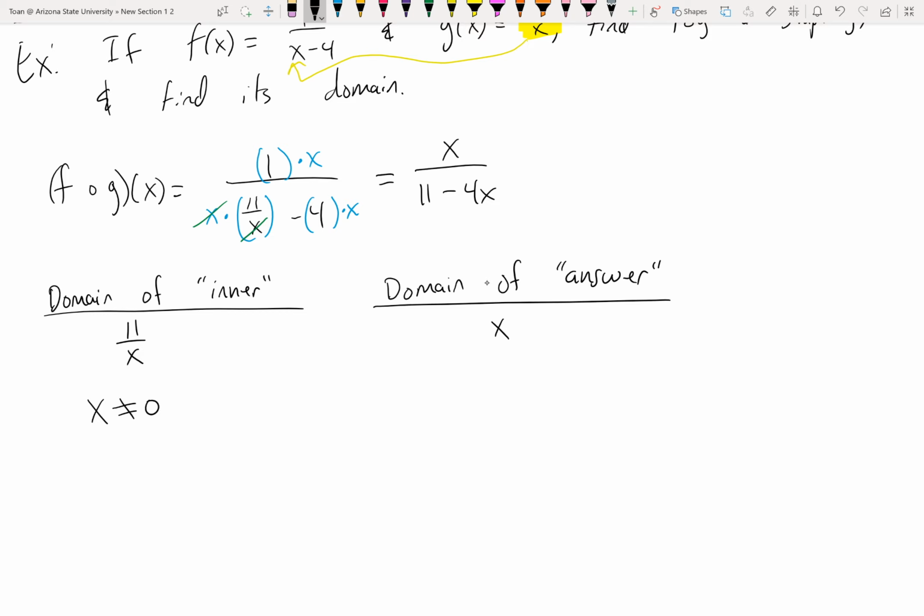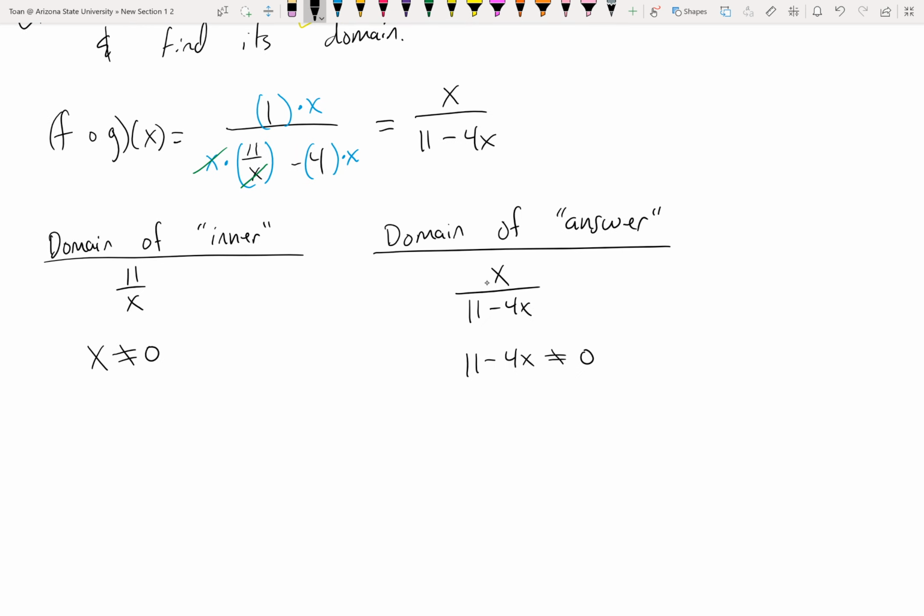So the answer function was x over 11 minus 4x. And again, the idea to find the domain of a fractional function is to set the denominator not equal to 0 and then solve. So I'm going to add the 4x over, divide out the 4. So we get 11 over 4 cannot equal x.